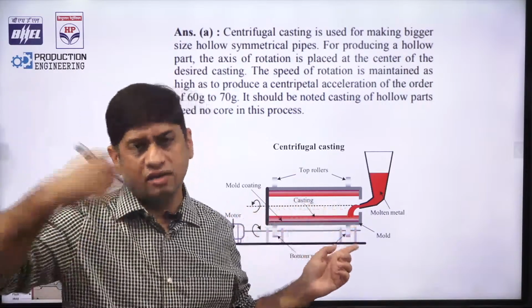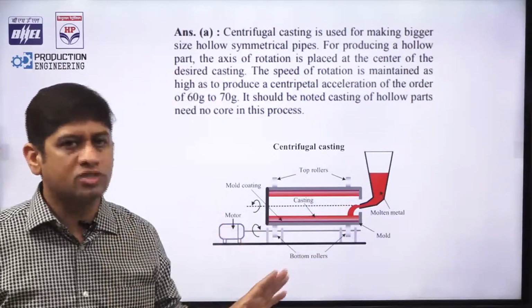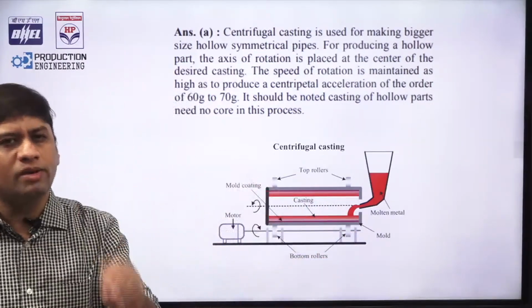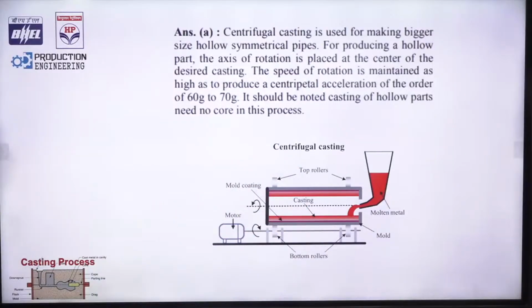given at very high RPM, and normally there are no cores. Normally cores are not used. We'll discuss a question where he's asking if a core is required, but normally to produce the hollow section you do not make use of any core. Normally core is not required.